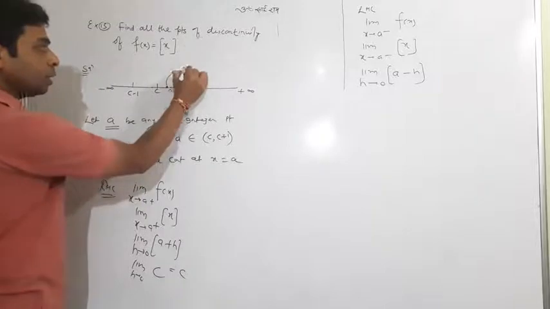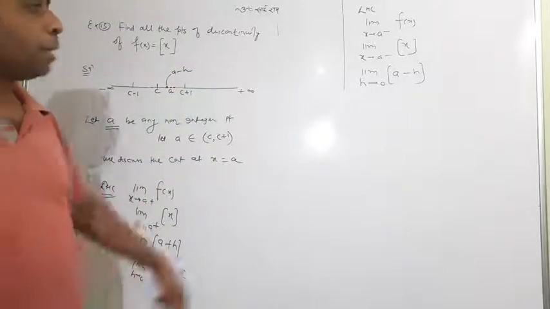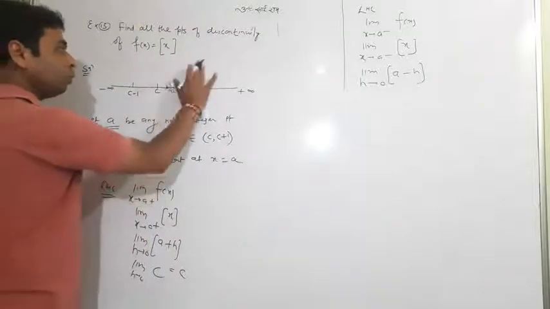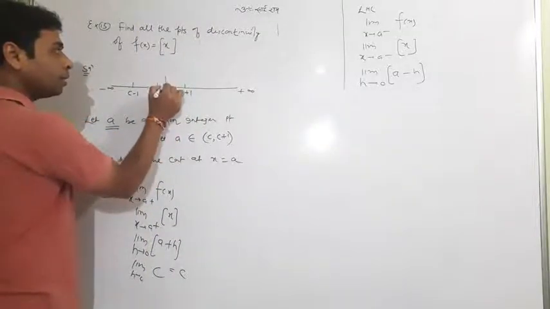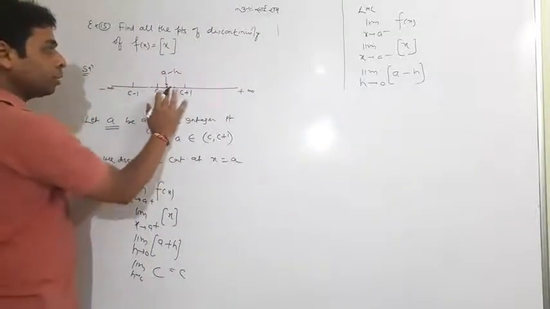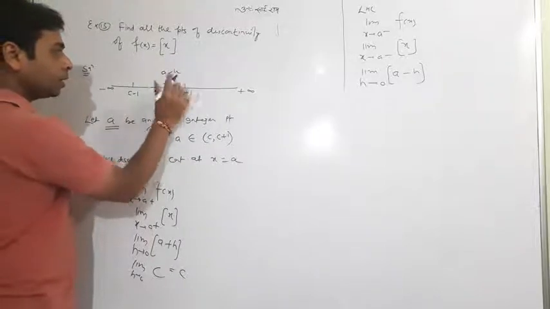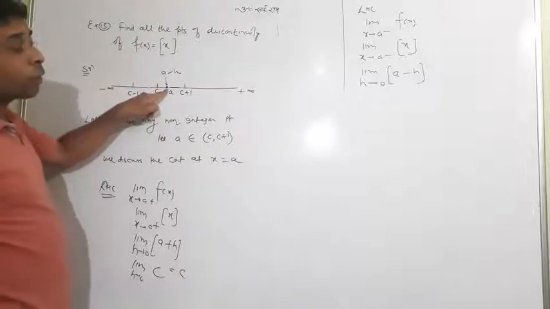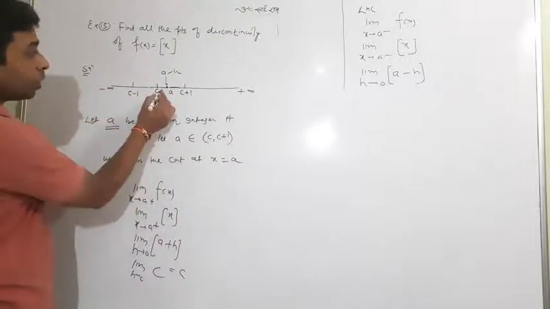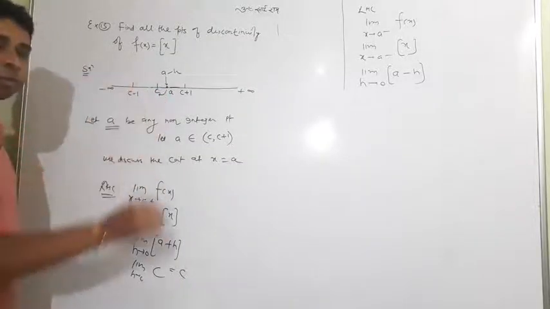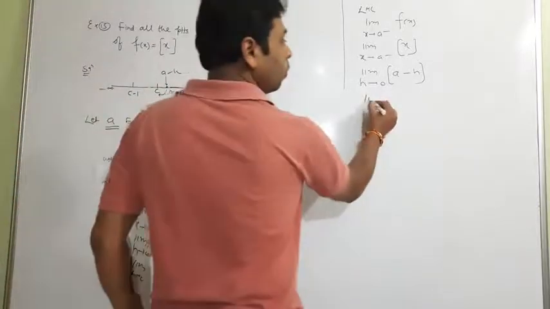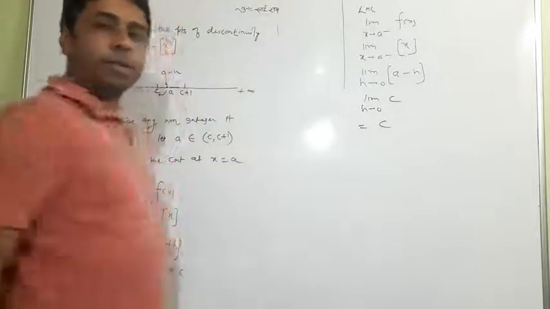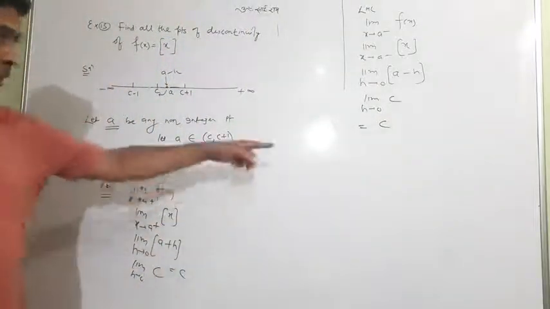When integer function applies on a minus h, it gives the less and nearest integer, which is again c. So both are the same, c, but it is not enough.